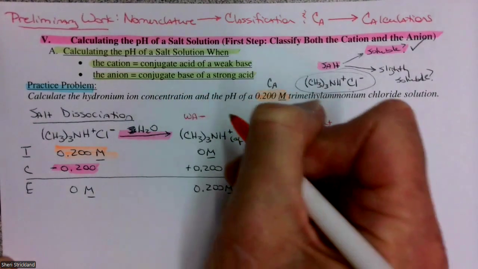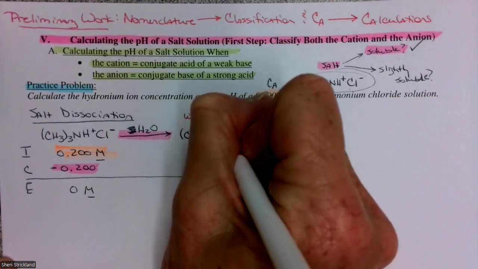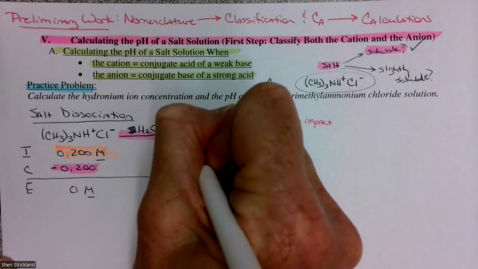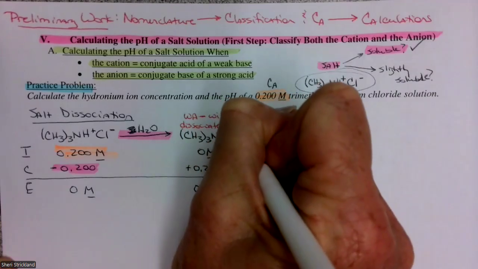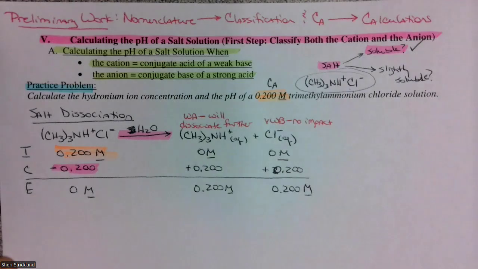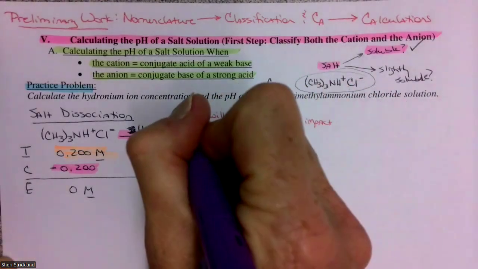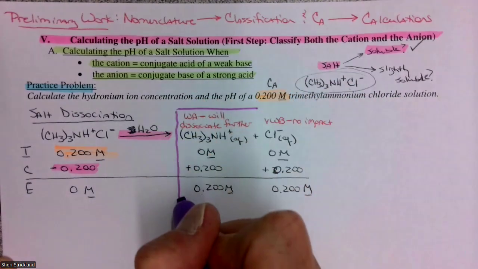And so if it's a weak acid, then it will dissociate further. So I'm just going to label it like that and say, hey, this is something we need to look at. And this is what we will take on.